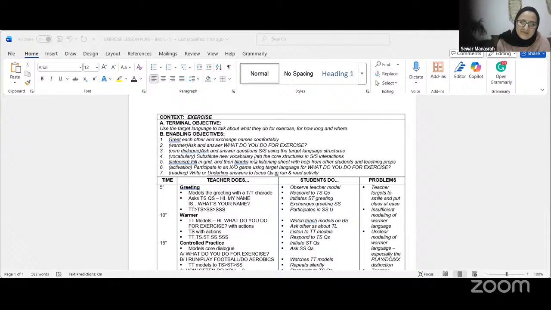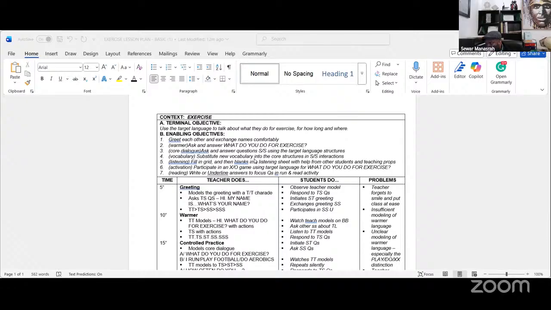Some teachers even give the accuracy, at 80% accuracy, at 60% accuracy. You can get as fancy as you want. But these enabling objectives must be SMART.